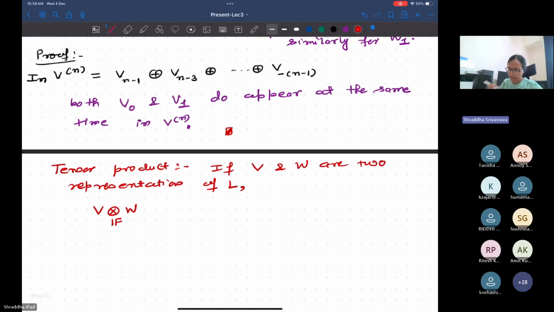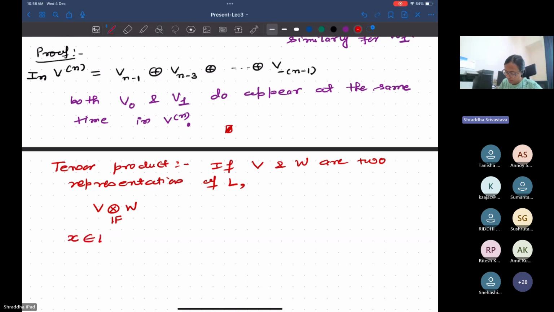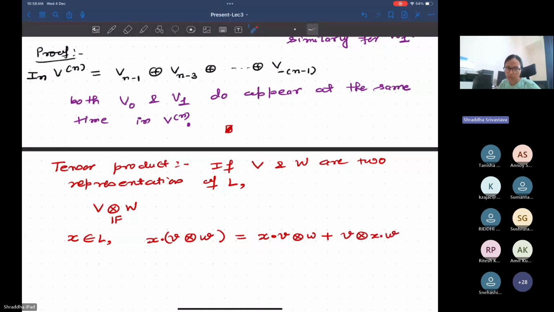We can do a similar thing in Lie algebras, but with some appropriate changes. So if X is in L, it is enough to define the action on this kind of pure tensor, because then you can linearly extend. The action is defined to be X dot (V tensor W) equals X dot V tensor W plus V tensor X dot W. It's not a diagonal action as we do in groups. Here it is like a product rule for differentiation.